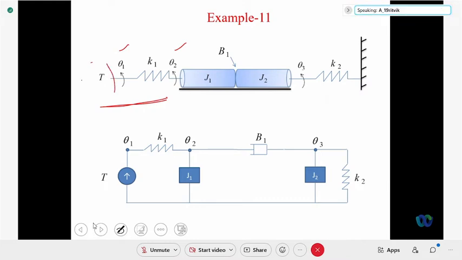Motor is connected somewhere else here. And this is one load having moment of inertia J1. Between these two, there exists a frictional torque. And now this results in one more angular displacement theta 3. Correct? No? Right.